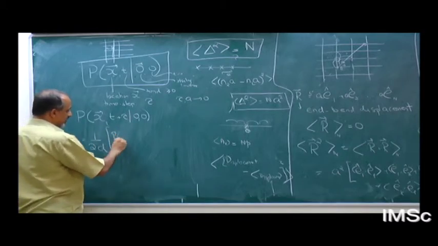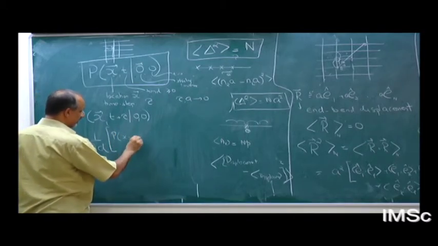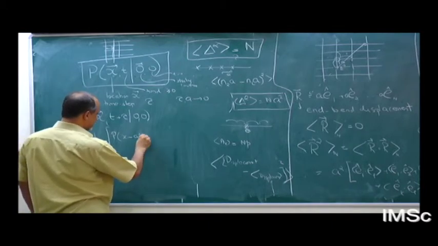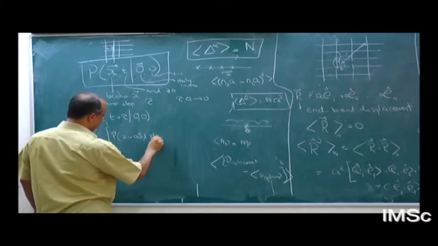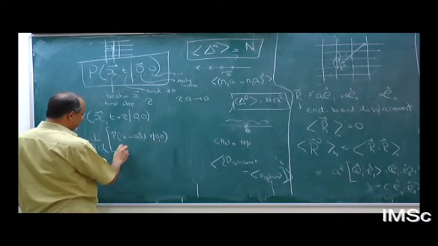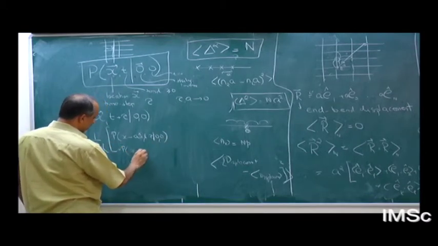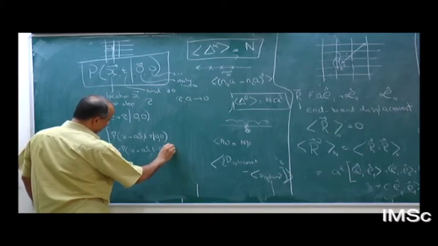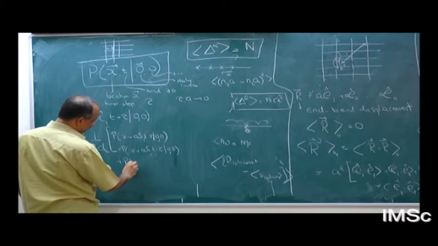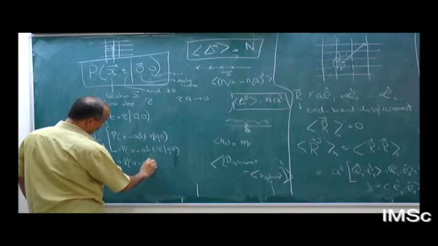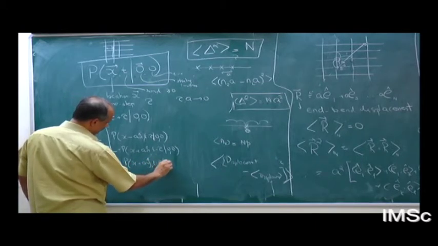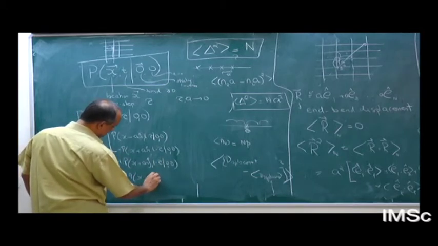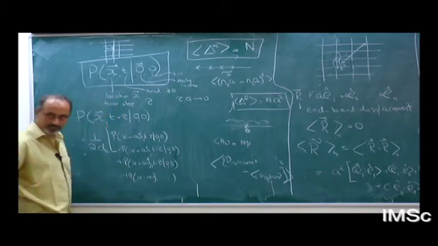It is the probability of being at x minus a times x hat at time t minus tau given 0 comma 0, plus the probability of being at x plus a x hat at time t minus tau given 0 comma 0, plus the probability of being at x plus a times y hat at time t minus tau given 0 comma 0, plus the probability of being at x minus a times y hat, and so on.